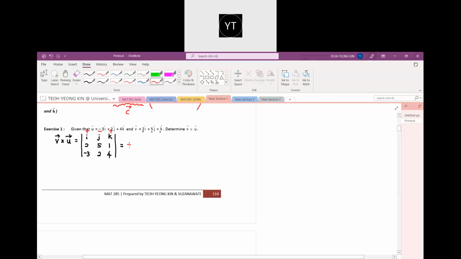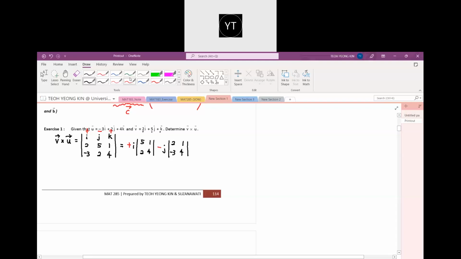So let's say positive i, and then close the first row and the first column: 5, 1, 2, 4. The second column, the second value is negative, so negative j, first row, second column: 2, 1, negative 3, and 4.